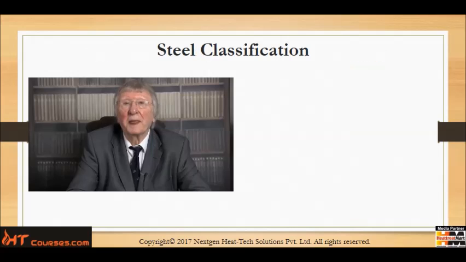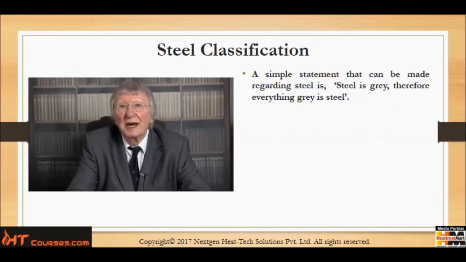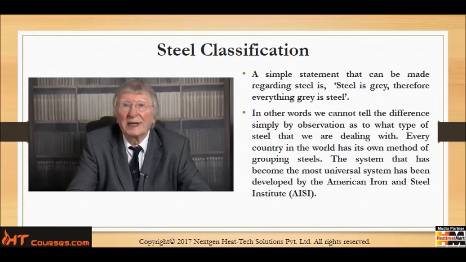Steel classification. A very simple statement that can be made about steel is that steel is grey, therefore everything grey is steel. In other words, we cannot tell the difference simply by observation as to what type of steel we're dealing with.